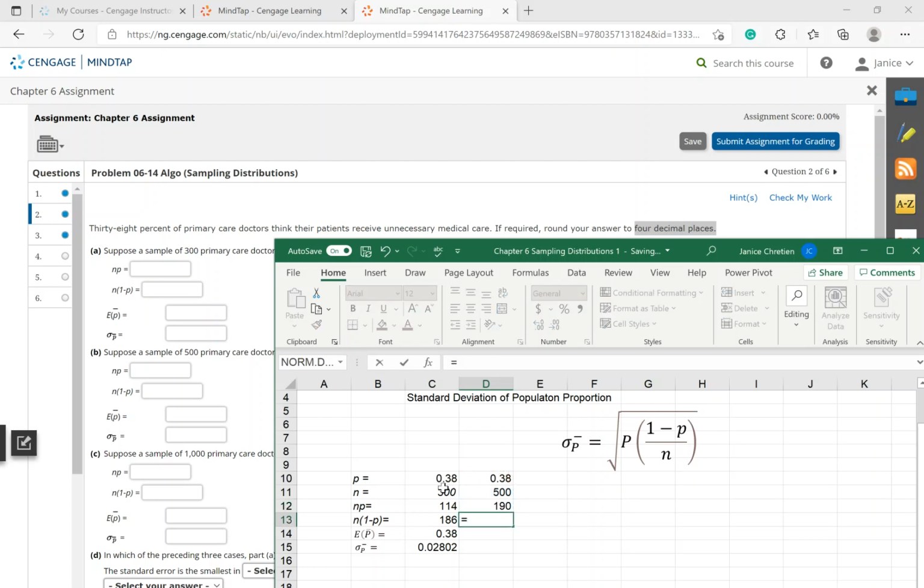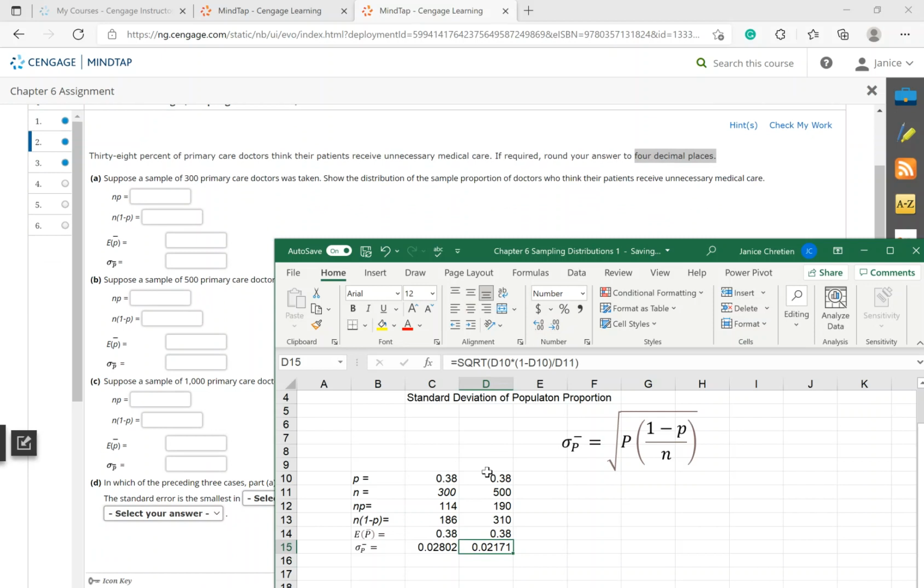And then I will say N times, remember to put that in there, or you end up with an error like I had, 1 minus P, and then my estimated proportion is the 38%, and then to work this formula one more time and get it right this time, equals the square root of P times 1 minus P divided by N. And again, I need to make sure that I do this to 4 digits. And so you'll do this again for 1,000.